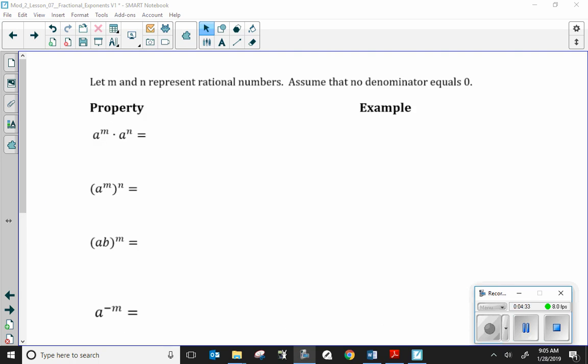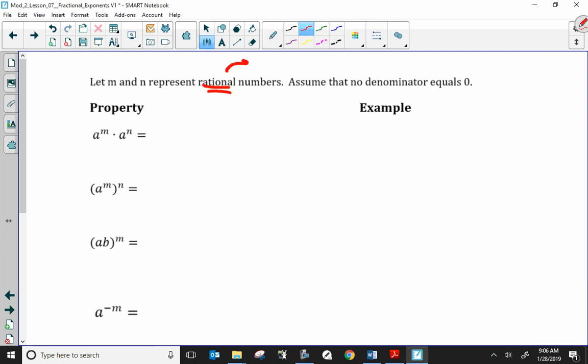Before we start doing math operations with radicals or rational exponents, please know that rational is the same thing as saying fraction. It's just a math term that means fraction. You might be saying, isn't fraction a math term?